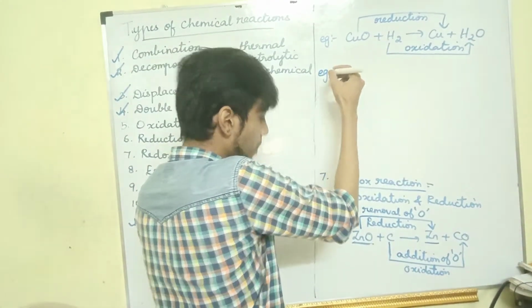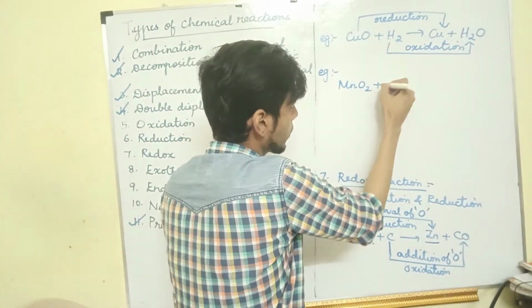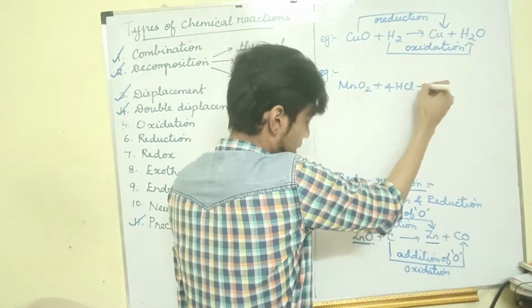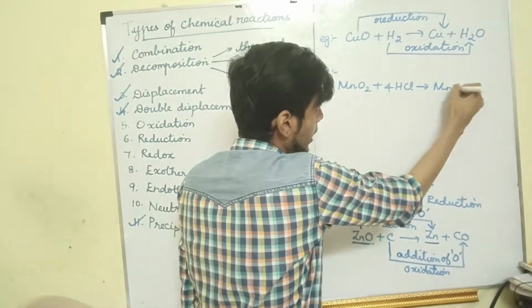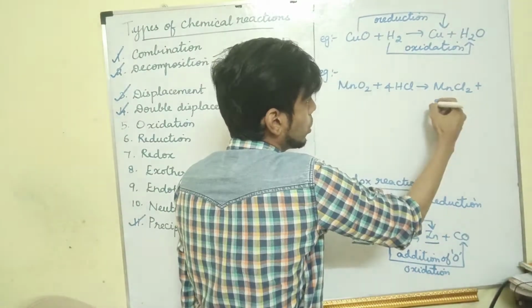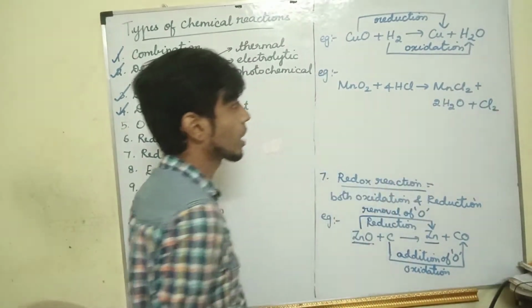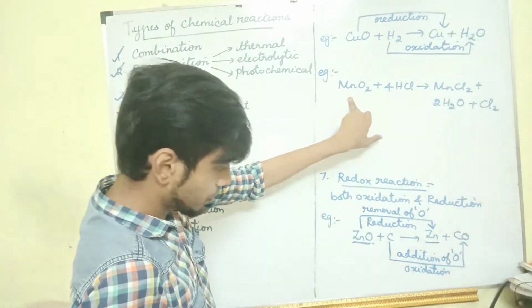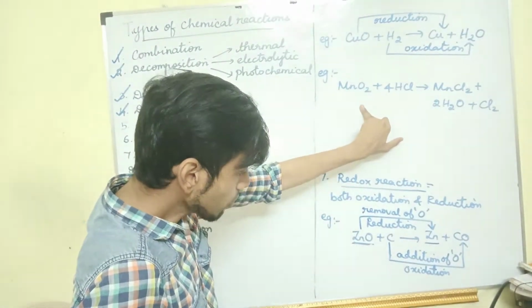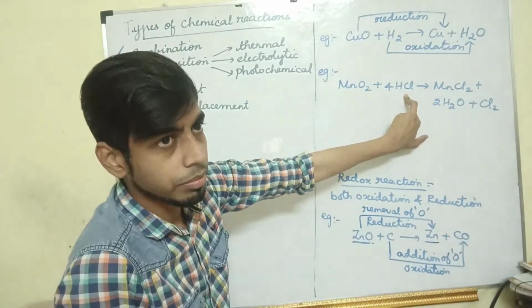So one more example we will take. MnO2 plus 4HCl gives MnCl2 plus 2H2O plus Cl2. You see here HCl is there.